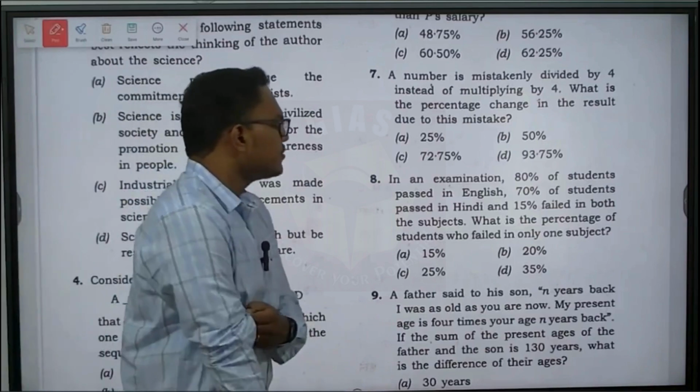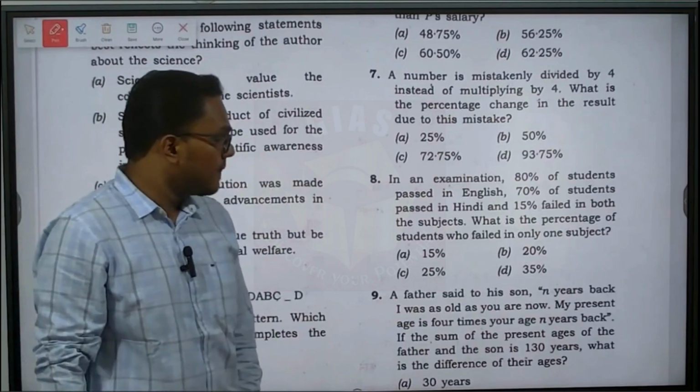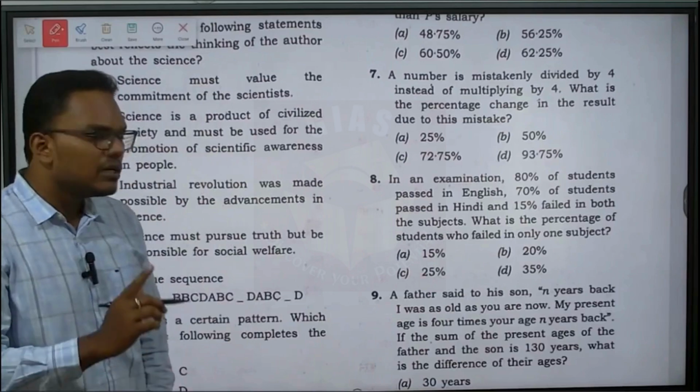In an examination, 80% of the students passed English, 70% of the students passed in Hindi, and 15% failed in both the subjects. What is the percentage of students who failed in only one subject?